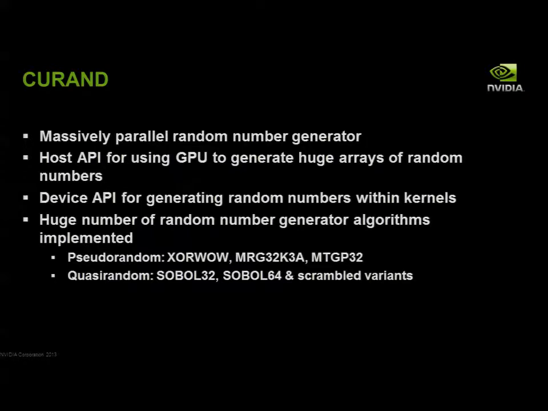There are different distribution functions that it can generate, so uniform and Gaussian or normal distribution. That's all prepackaged. It also has both a host-side API and a device-side kernel API. So you can actually call cuRAND from within kernels if you have a kernel that needs to generate random numbers on the fly.